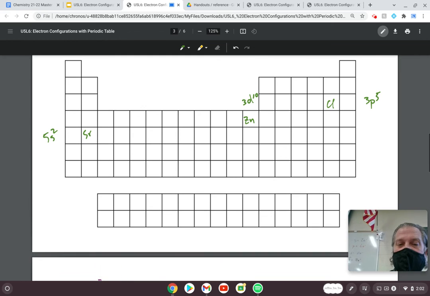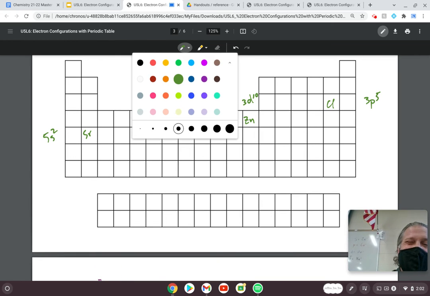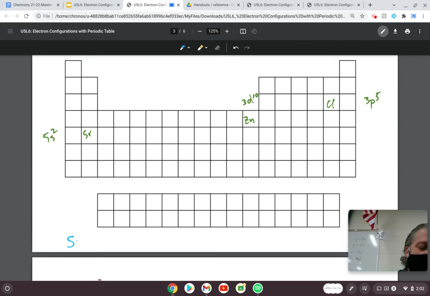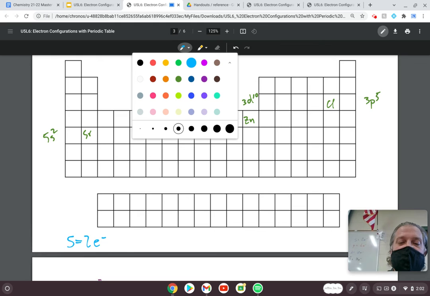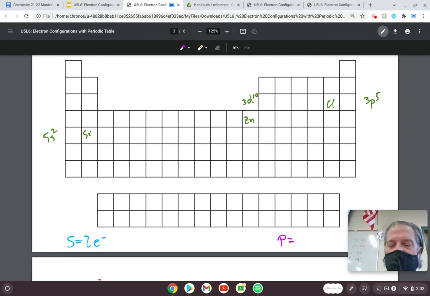So, for example, you may remember that the S shape can hold how many electrons? It can hold 2 electrons. And you might recall that the P shape can hold how many electrons? 6.